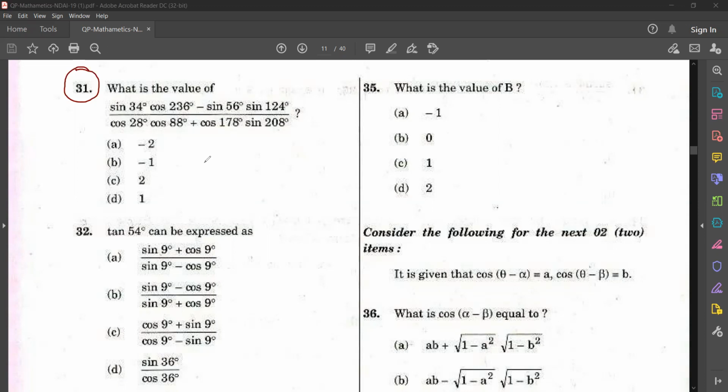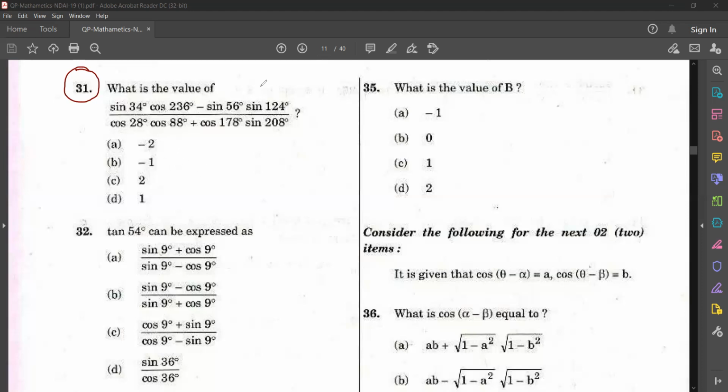Think what we can do with respect to those numbers. The question is simple.